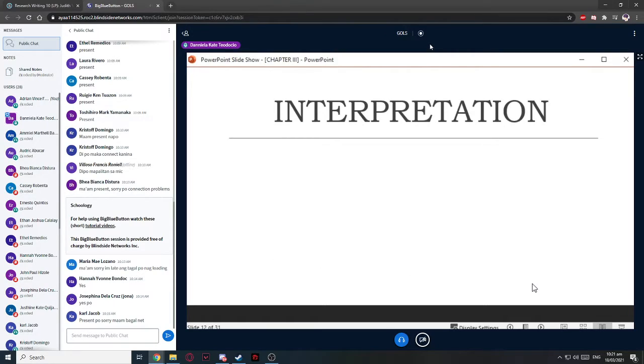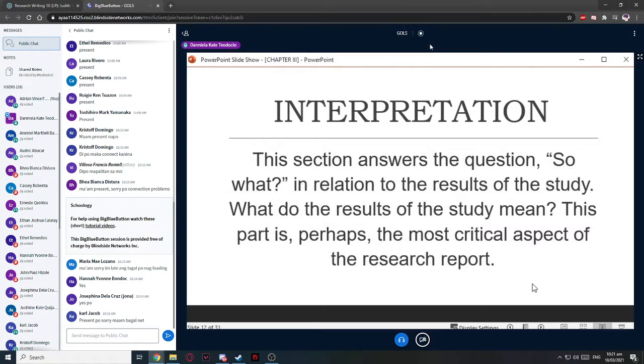Now let's have interpretation. This section answers the question, so what, in relation to the results of the study. So what do the results of the study mean? This part is perhaps the most critical aspect of the research report. Why do they say so?